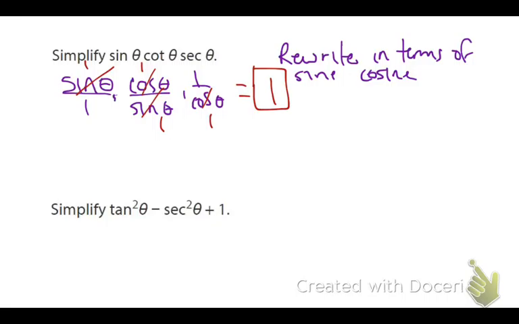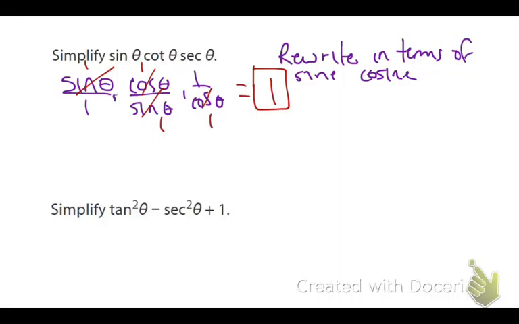What am I focusing on here? I've got some squares here. So I'm thinking Pythagorean identities. Do you see a Pythagorean identity somewhere embedded in here? What do you see? How could I rewrite this and grab one of those identities?